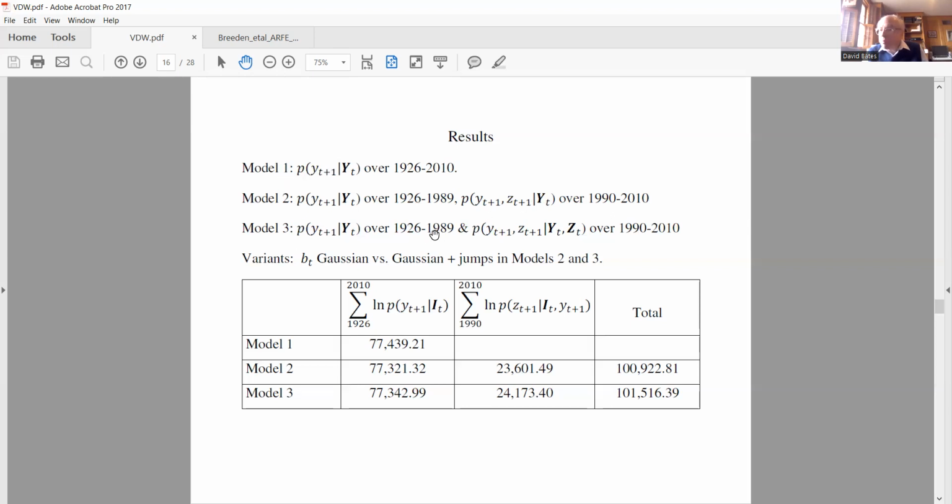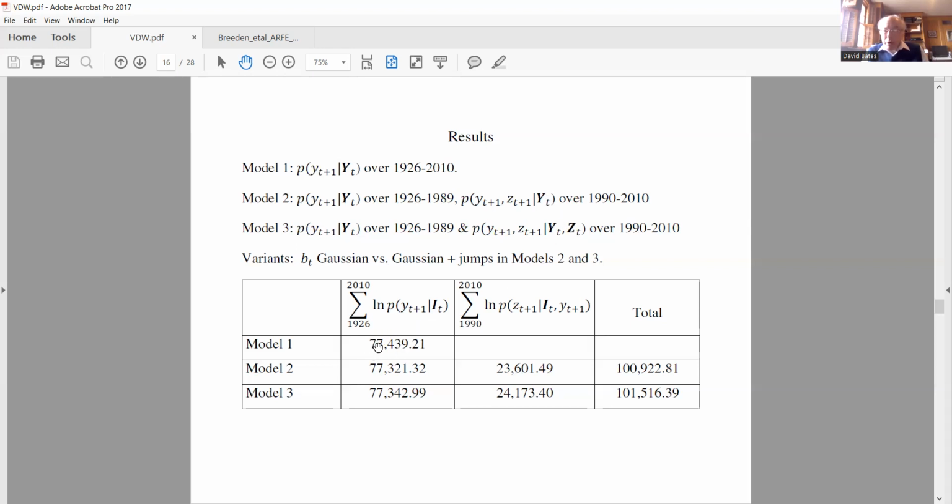And then the third model is where I fully use the VIX information for updating the distribution of stock market excess returns, as well as the distribution of Z returns. So we have flexibility as to what information we choose to use when filtering.